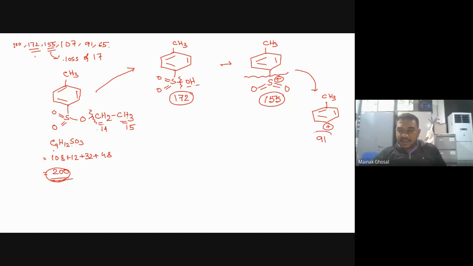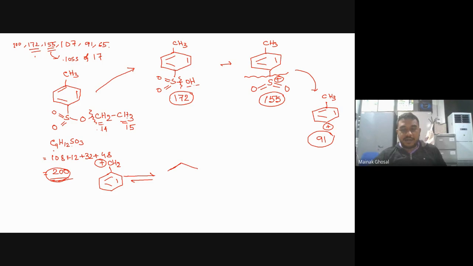So in general cases, just listen carefully. Where you have any benzylic cation type of thing, benzylic cation means you have this CH2 kind of thing, and suppose here is a positive charge. If this is the case, it generally goes to the tropylium ion. What is the tropylium ion?